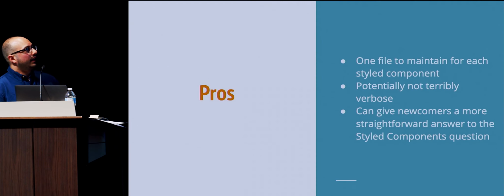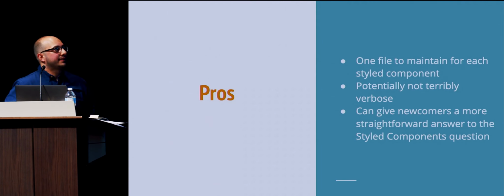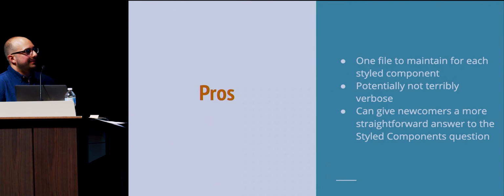Cool. Yeah, so I was super excited. If anyone wants to know, before what I was doing was just unwrapping the JSX myself and calling React.createElement variadic directly. And this is way better than what's here. So that's super awesome. Some pros to this approach are that we have one file to maintain for each styled component, which I think is a nice thing.